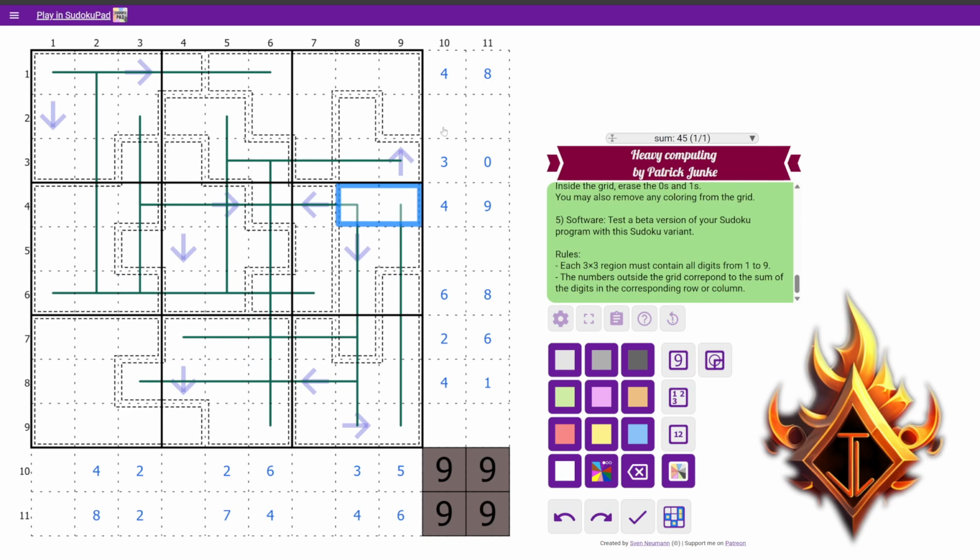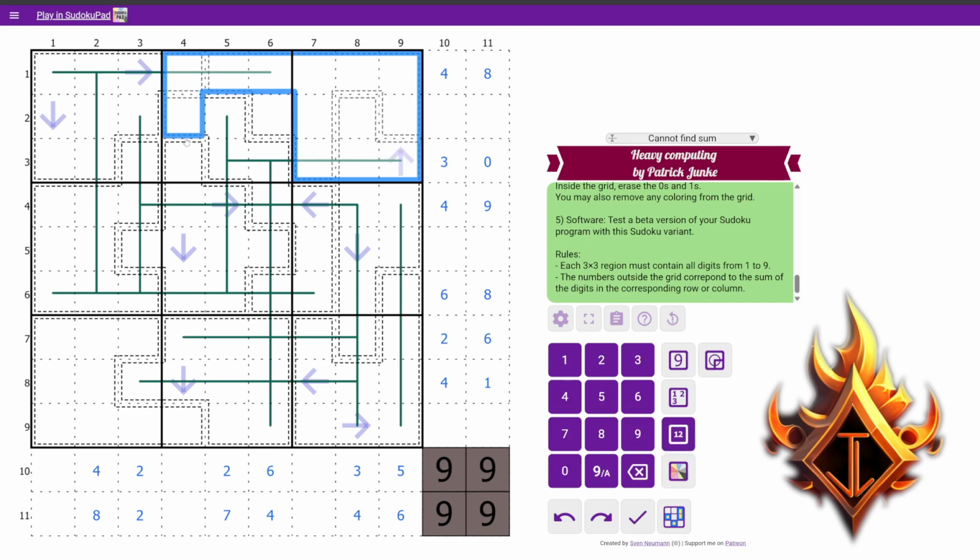But since we know that each of these 3x3s are in fact totaling 45 each, then we have 135 total of digits in these 3 rows, right?